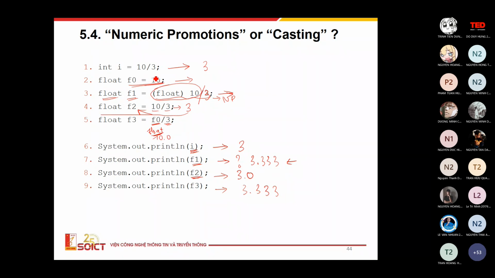So 10.0 divided by 3 will have numeric promotion. 3 is converted to float, and the result will be in float type.